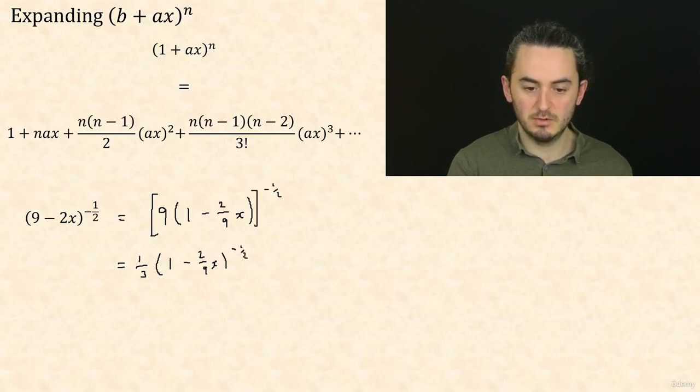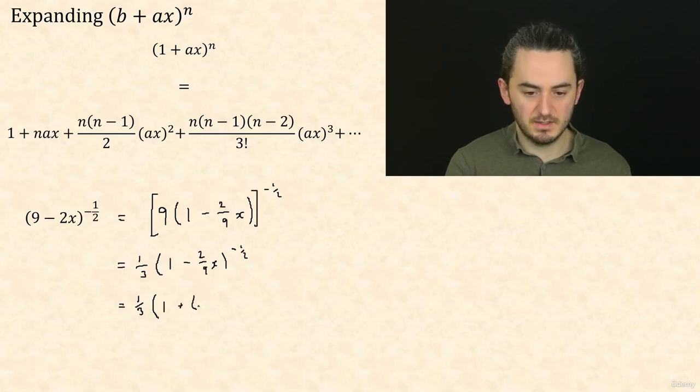And now I'm going to use standard year 13 binomial expansion on this. So let's go. So it's 1 and then plus nax, so that is n is minus a half, and ax is minus 2/9 x.